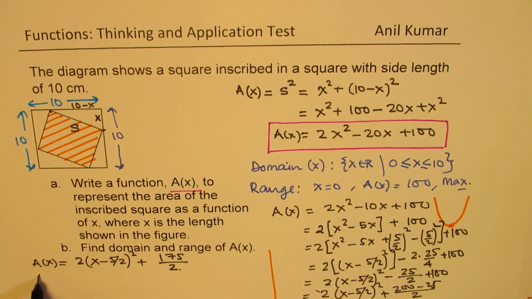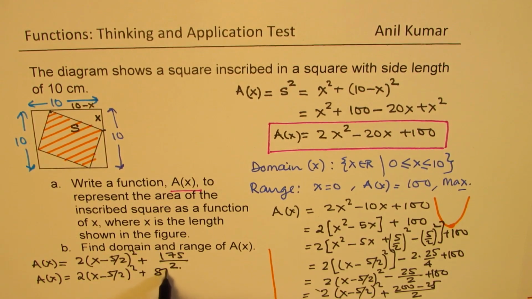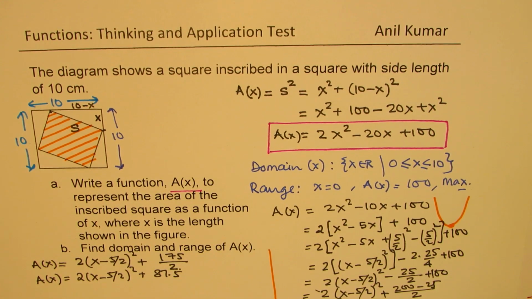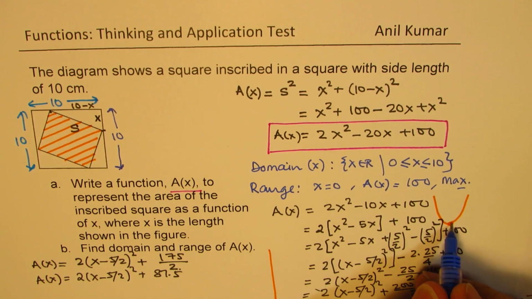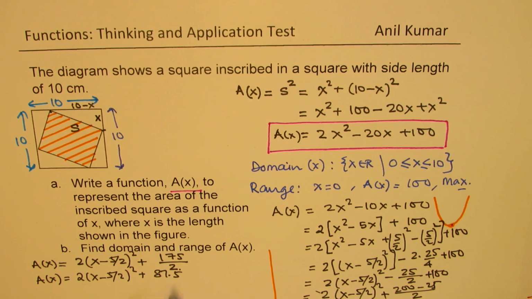So from here we get the range. That becomes the minimum value, right? So we got this point, which is at x value 5, and the area will be 50.